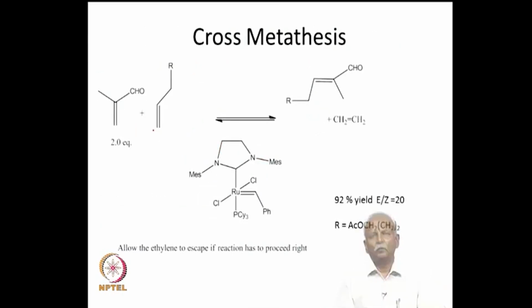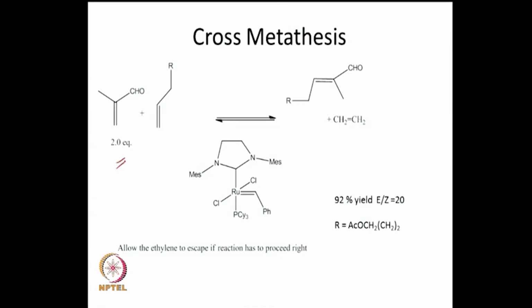It is also known that there are some electronic factors which control the reaction. Here I have shown an example where I have an electron withdrawing group on the olefin, in which case the reaction turns out to be useful if I have more of this electron withdrawing group attached olefin, which is marked as this aldehyde, the substituted butyraldehyde here, and that is taken in a slightly larger amount.